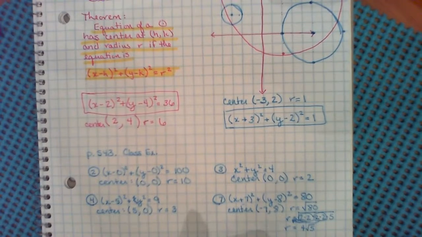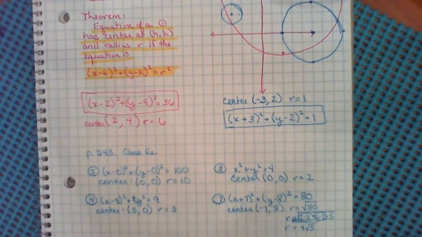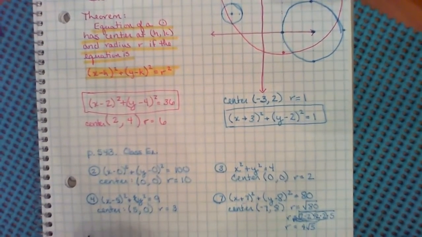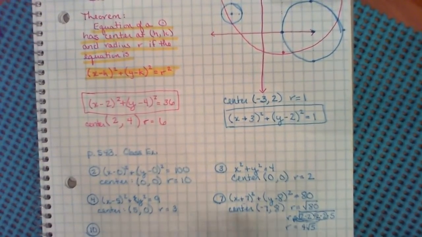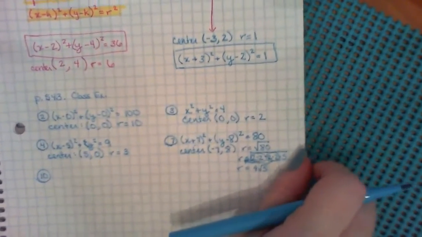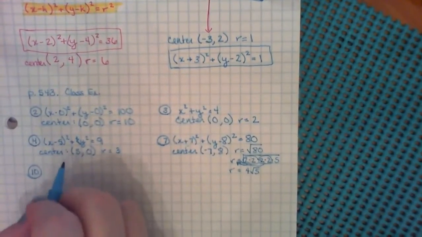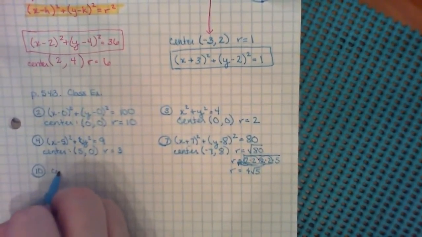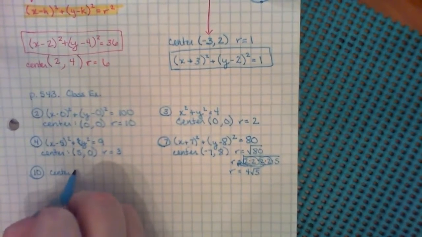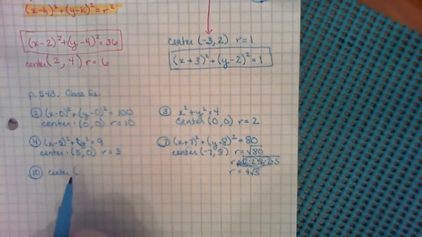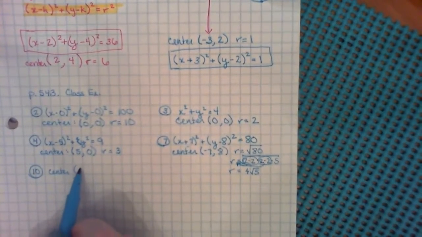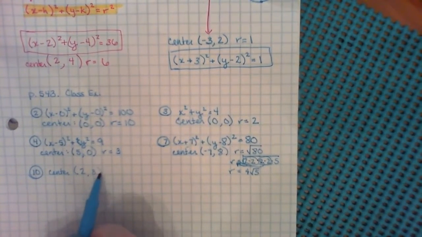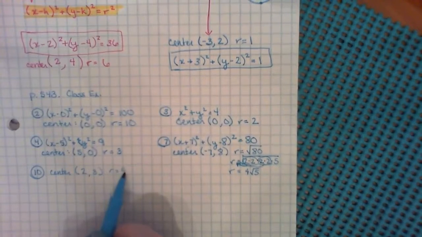Number 10. They want us to write an equation this time. Number 10 says that it has a center at (2, 3) and the radius is equal to 4.